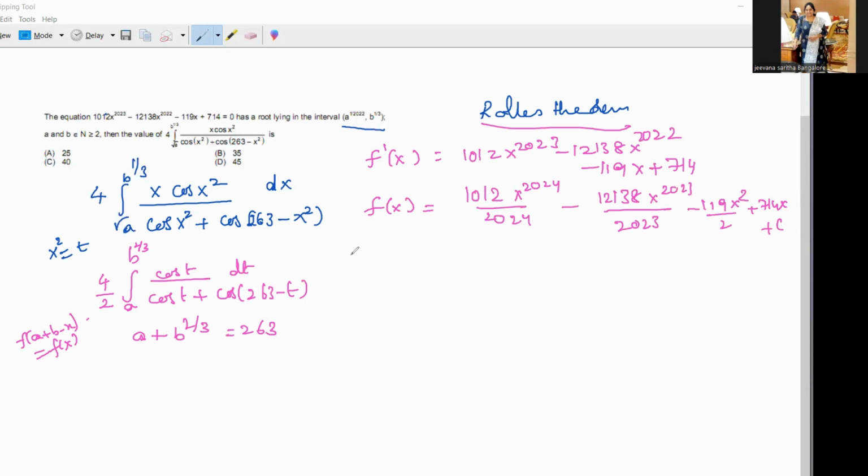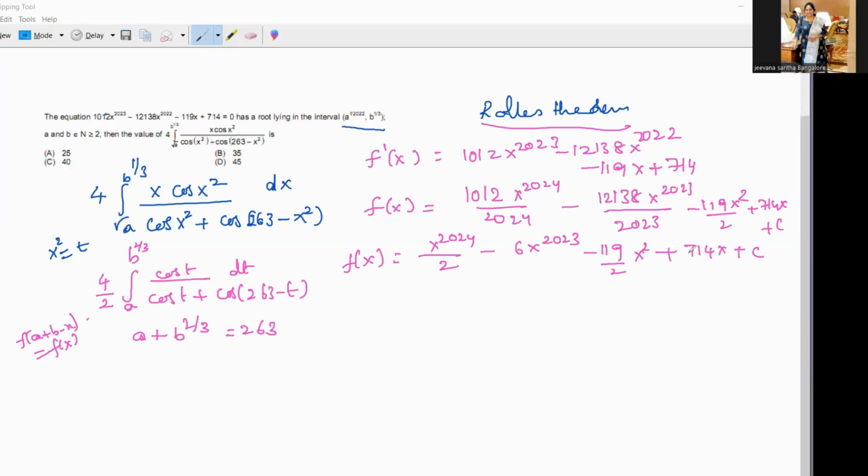On further simplifying this, we get x raised to 2024 by 2 minus 6x raised to 2023 minus 119 by 2 x squared plus 714x plus c.